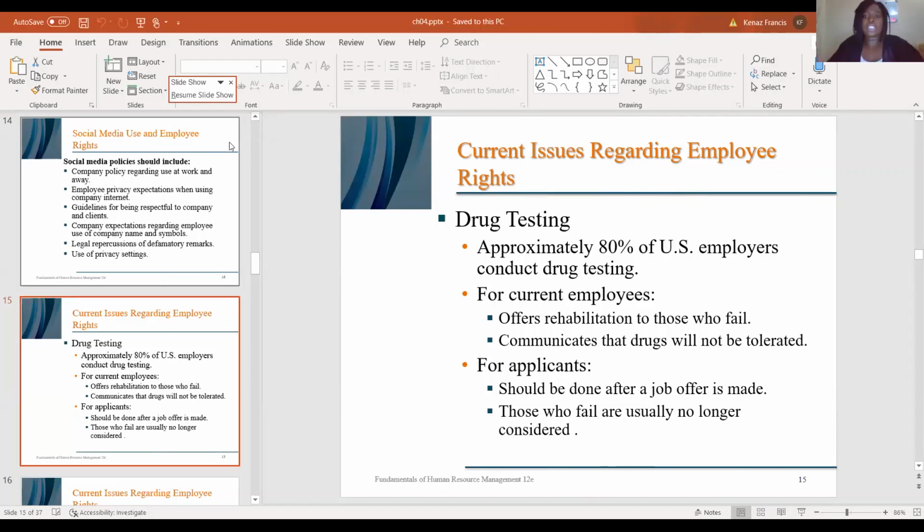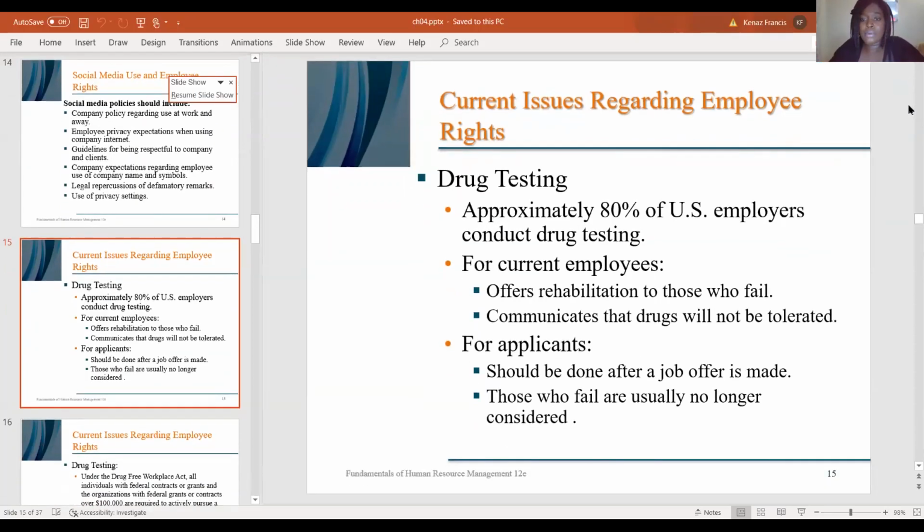Okay, so drug testing. Approximately 80% of US employers conduct drug testing, and it's necessary because drugs have the ability to interfere with your cognitive abilities, right? And depending on what job you're in, the person can be at risk, as well as your employees, and your customers can be at risk.